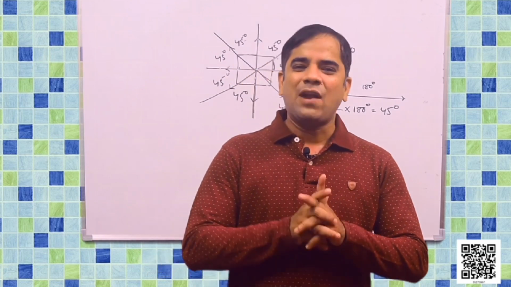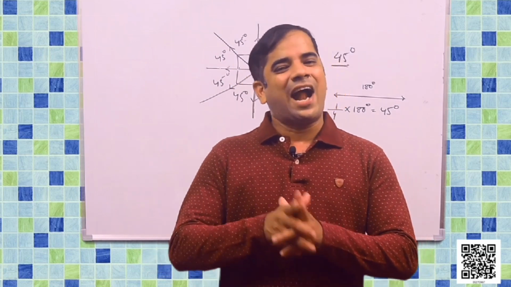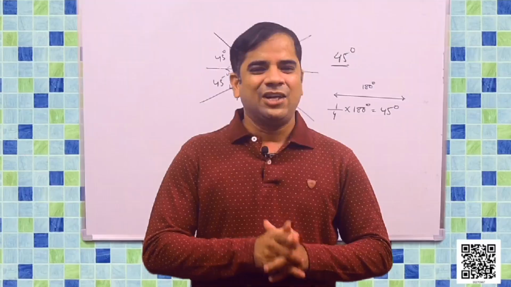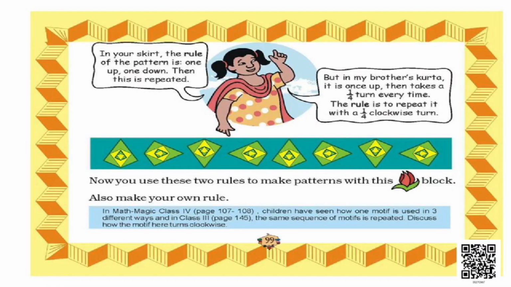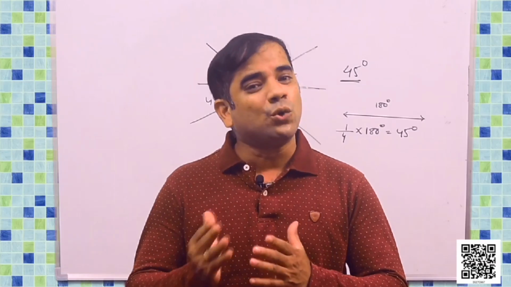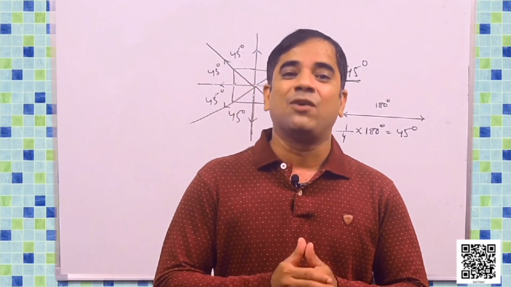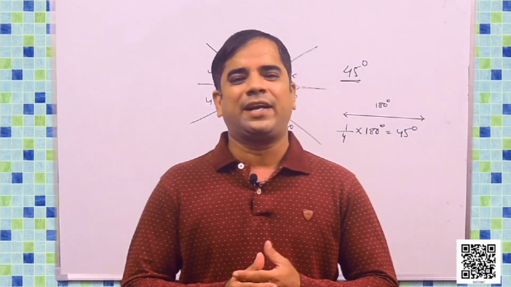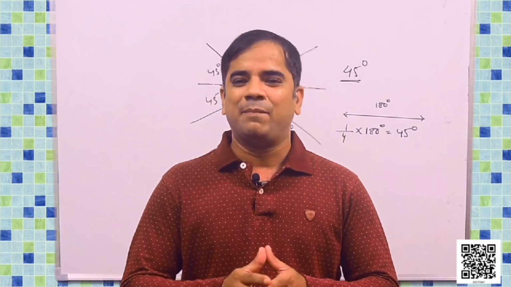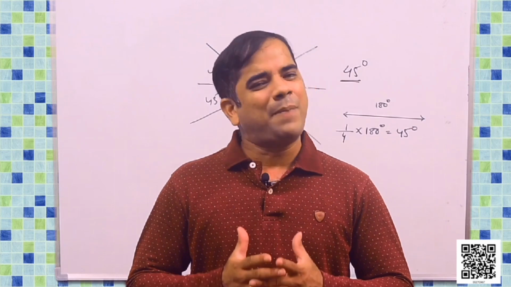Another is 1/4 turn clockwise and repeat it again and again. So you can use these two rules to make patterns with the flower block. Also make your own rule. How can you make your own rule? You can rotate the blocks 1/2. As it is being rotated 1/4, you can rotate it 1/2 and make your own rule and pattern.